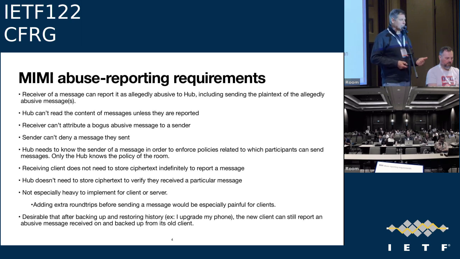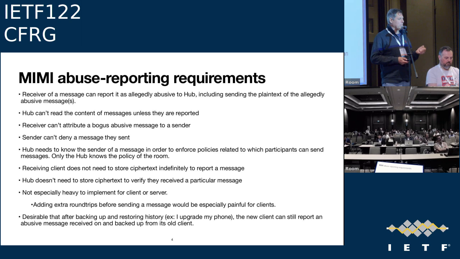The receiver can't construct something and say, this is an abusive message that was sent by Alice, if Alice didn't actually send the message. Likewise, Alice can't deny that she sent a message that was indeed abusive.